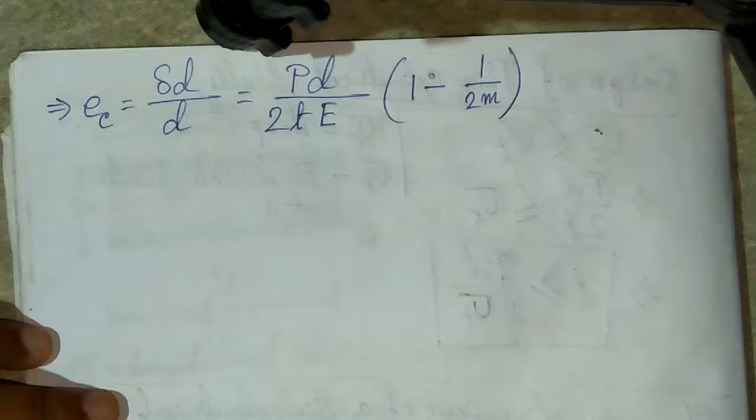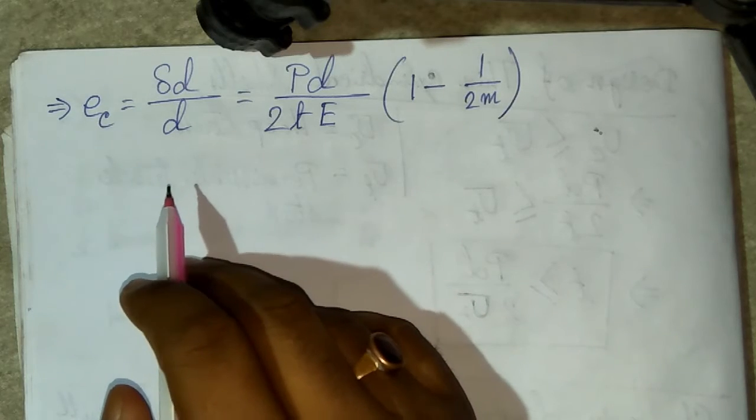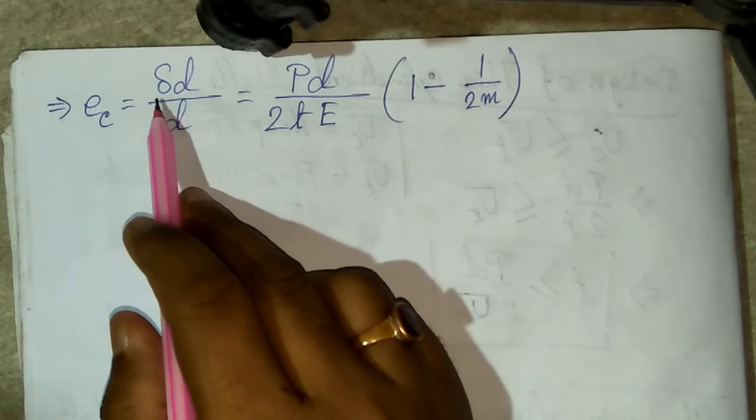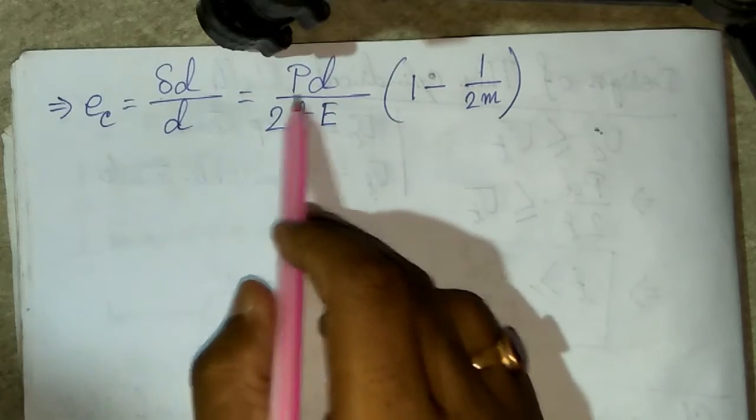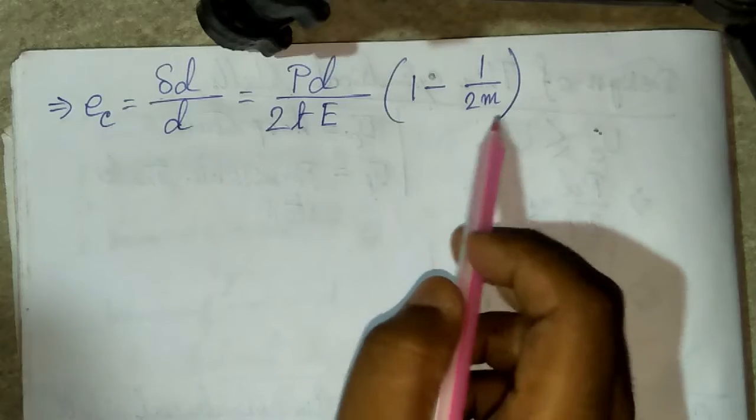So the e suffix c, that means the net circumferential strain, is equal to delta d by d, which is equal to pd by 2te into 1 minus 1 by 2m.